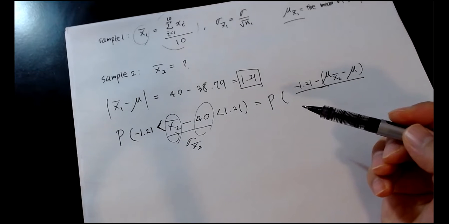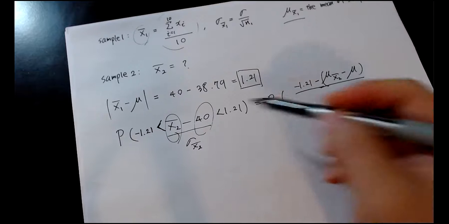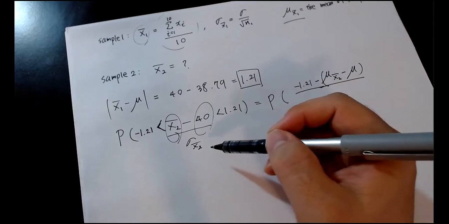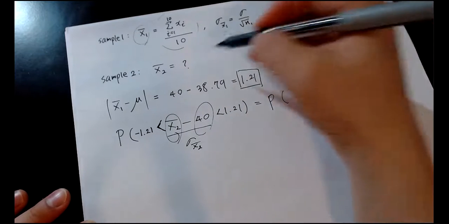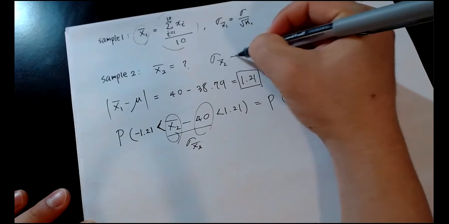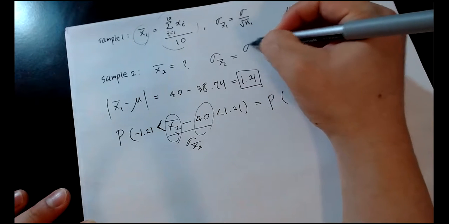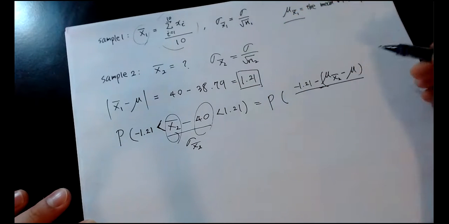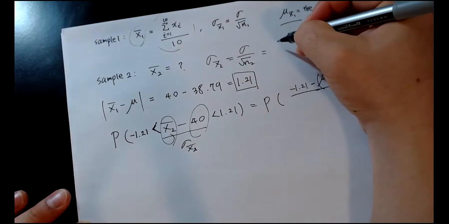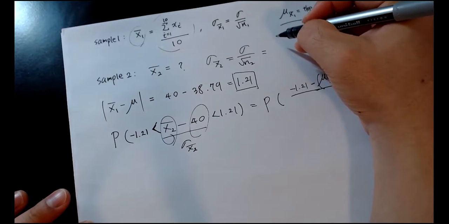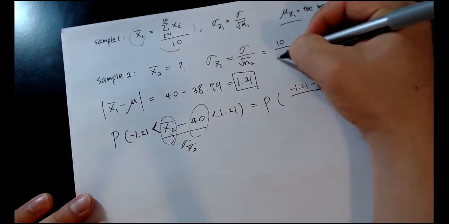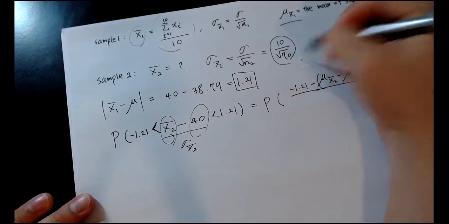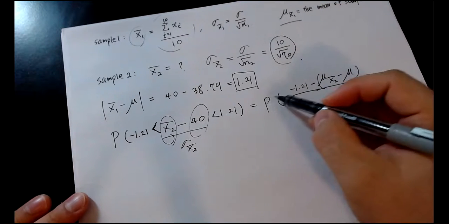Now we divide x2 bar minus 40 by sigma x2 bar. But what is sigma x2 bar? By CLT, this is equal to sigma over square root n2. But sigma is what? The standard deviation of the population, which is 10, given in the problem, over the square root of 70.